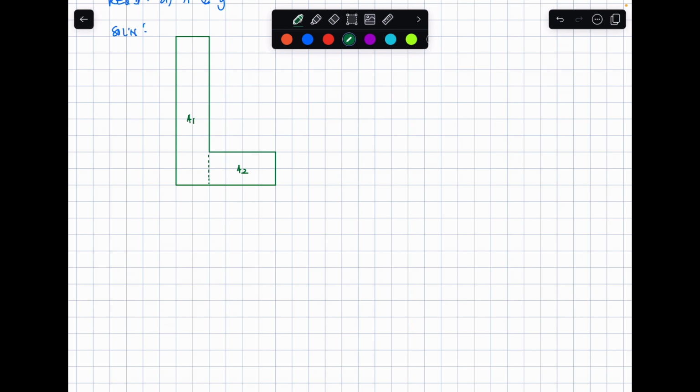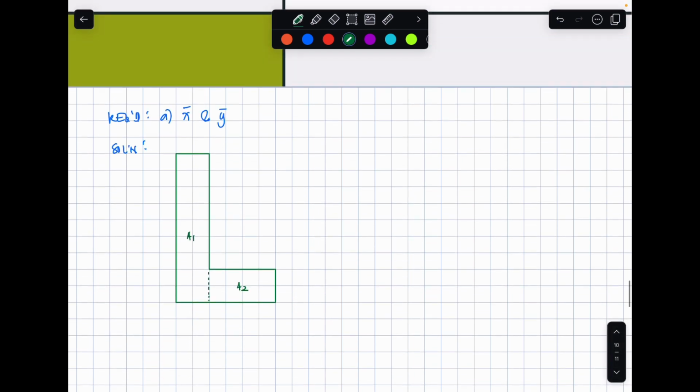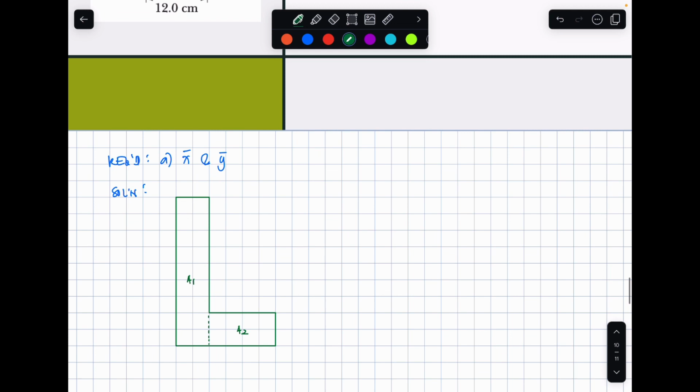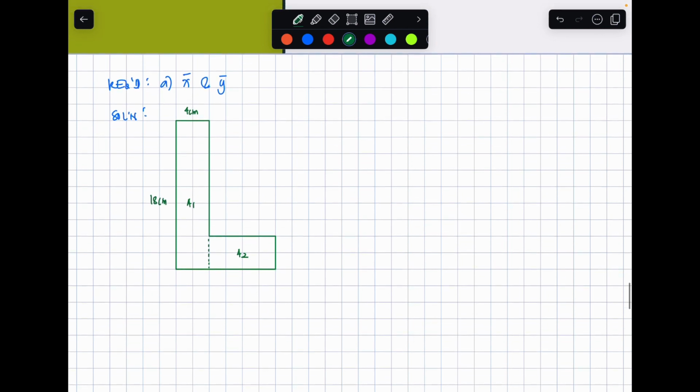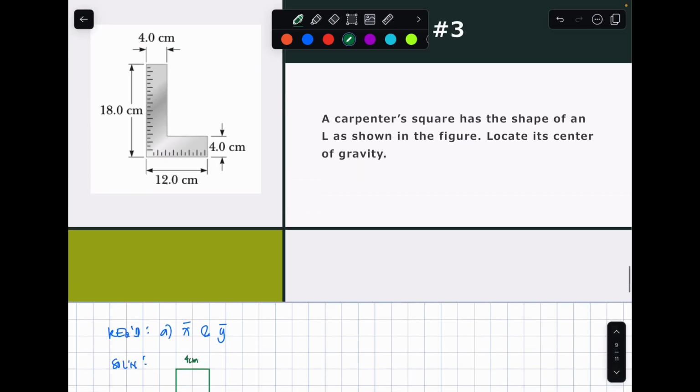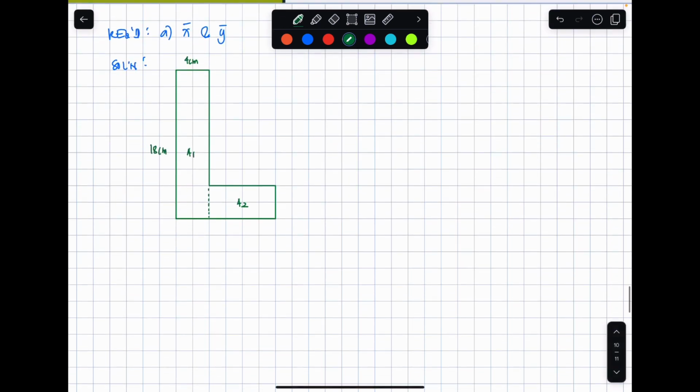So we can compute for area 1. If this is 4 centimeters, and this is 18 centimeters, this would be 4, 4. That is 12, so 12 minus 4 is 8.